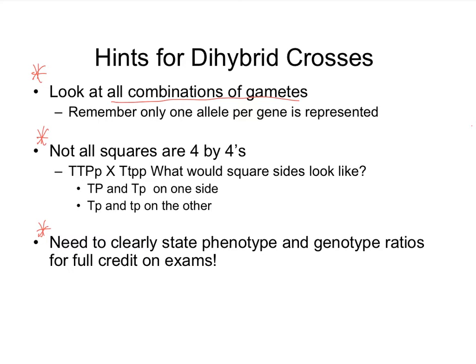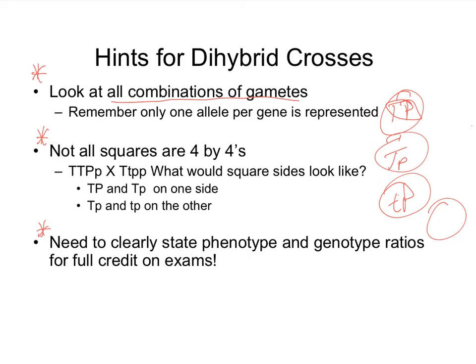You're either going to have a big P and a big T on a chromosome in one gamete, or you're going to have a big T and a little P, or you're going to have a little T and a big P, or you're going to have a little T and a little P. And which one of these you're going to have, and how did I figure these out?